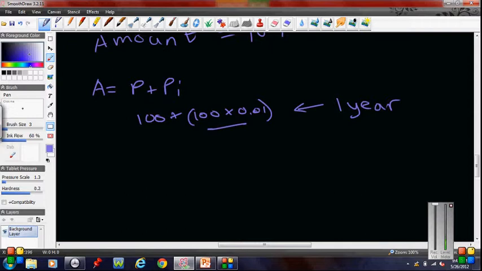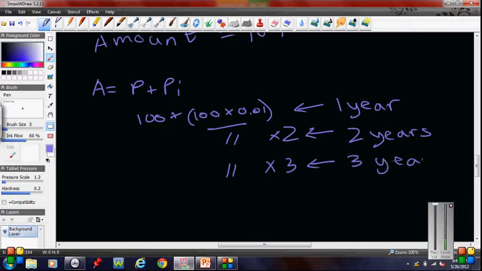This much times 2, correct? So all of this times 2. These colons just simply mean the same thing written again. So if you have all this times 2, that would be your amount for 2 years, right? I mean, really simple. If you do that again, after 3 years, you would just multiply by 3. So that will give you 3 years.